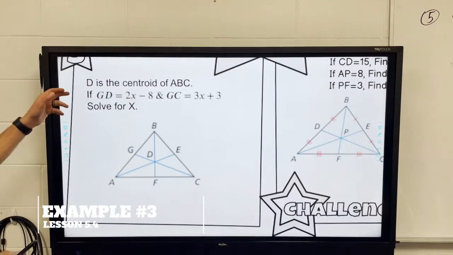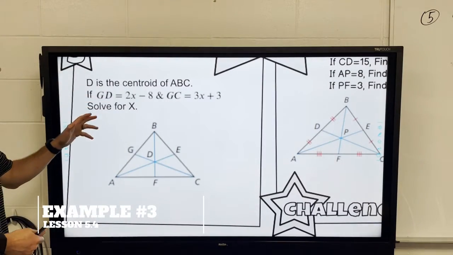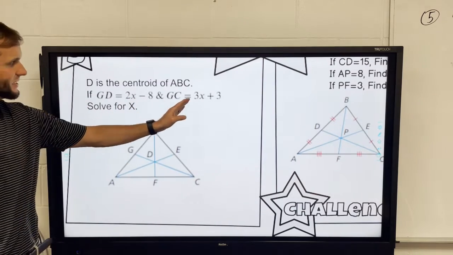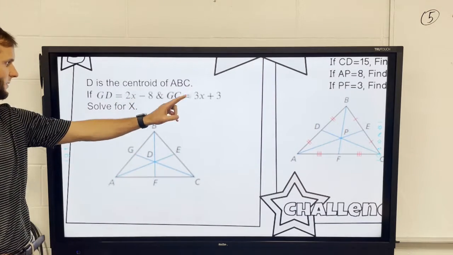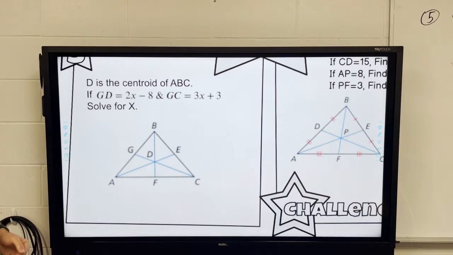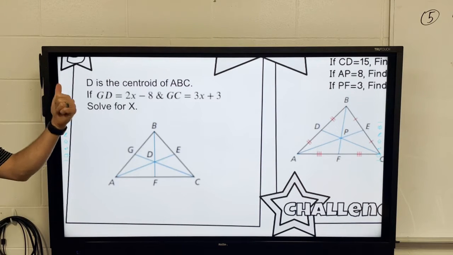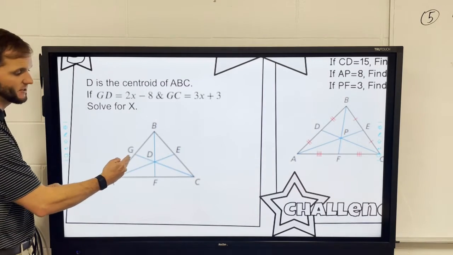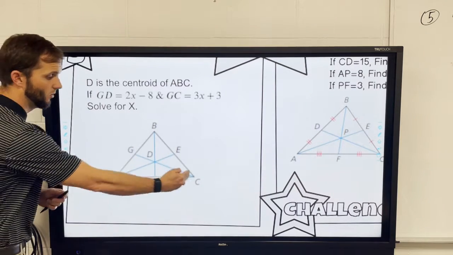Looking at example number 3, it says D is the centroid of ABC. If G to D is 2x minus 8 and G to C, the whole thing, is 3x plus 3, we need to solve for x. So we need to understand which line segment I'm looking at. From our keynotes up top, from the midpoint to the centroid, that is 1/3 the distance of the whole line.